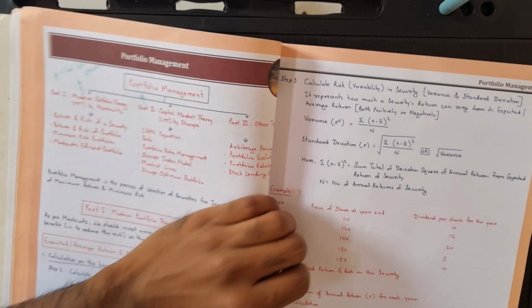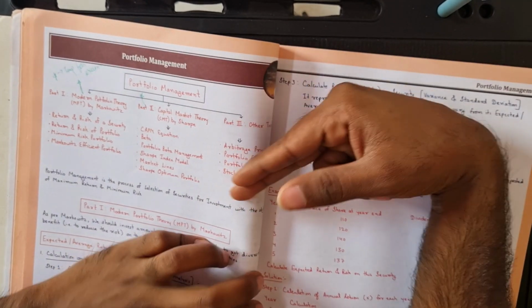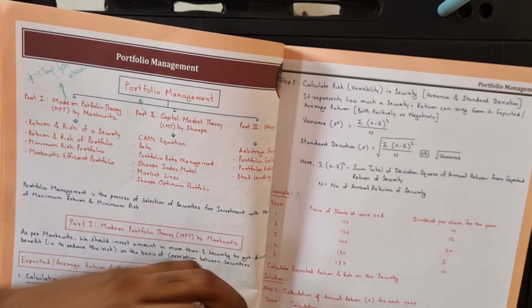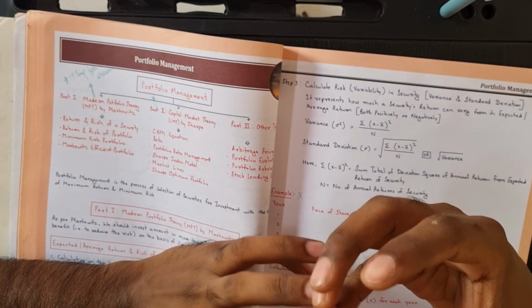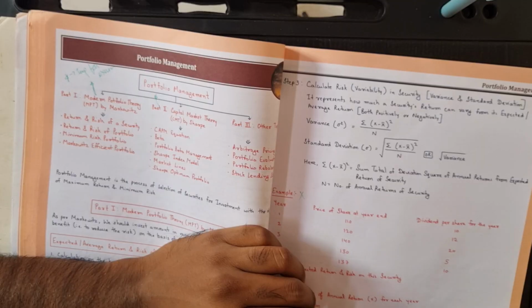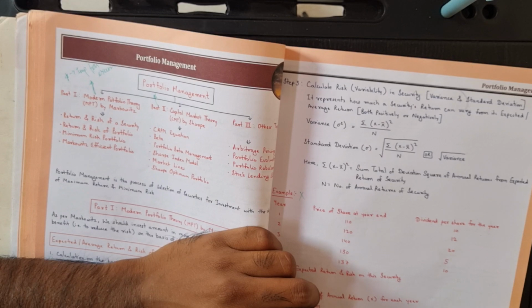We'll see. Portfolio management is the process of selection of securities for investment with the objective of maximum return and minimum risk. Whenever you want to invest in a security, you want maximum return and minimum risk. If you want the lowest risk, zero risk, then you will go for bonds.